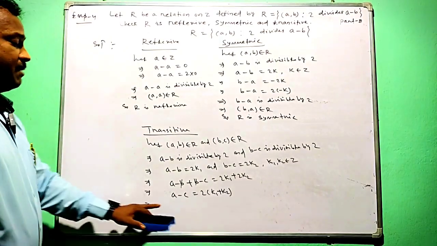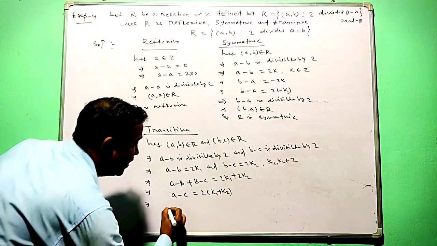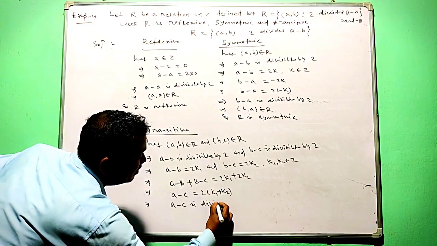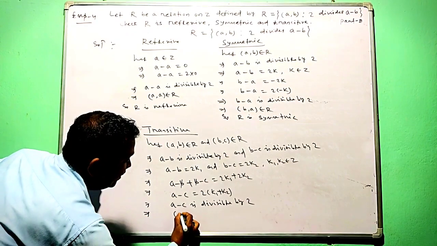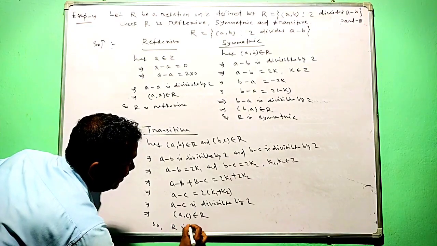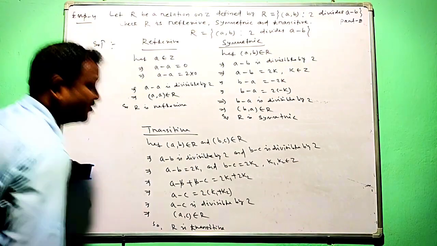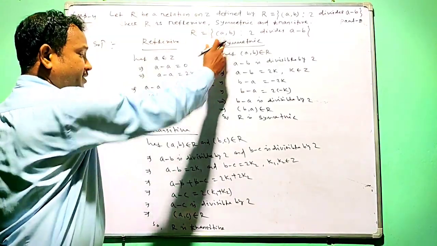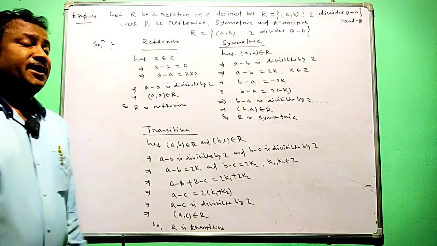That means a minus c is equal to 2 into some constant, means a minus c is divisible by 2. That implies (a, c) is an element of R. So R is transitive. This relation satisfies reflexive, symmetric, and transitive. We also say this relation is an equivalence relation.